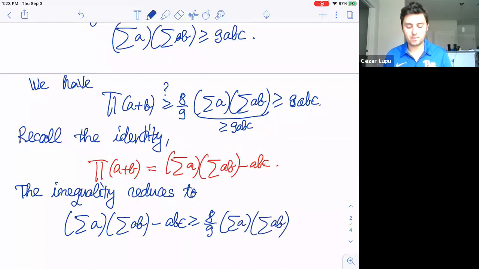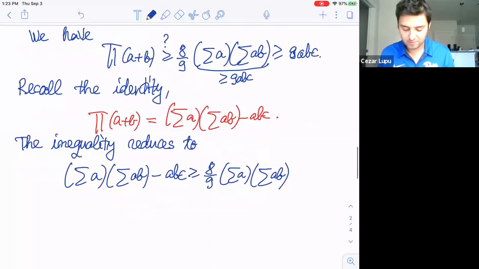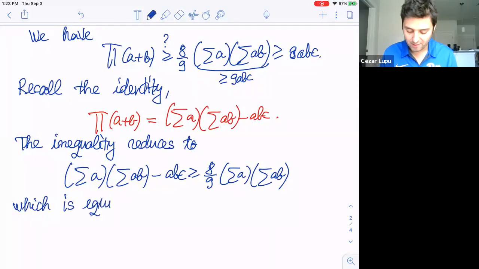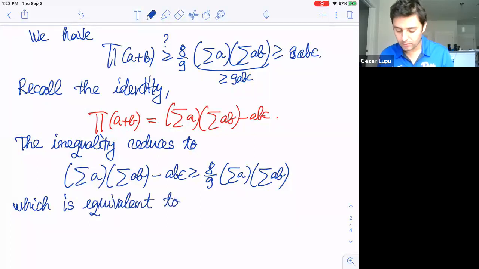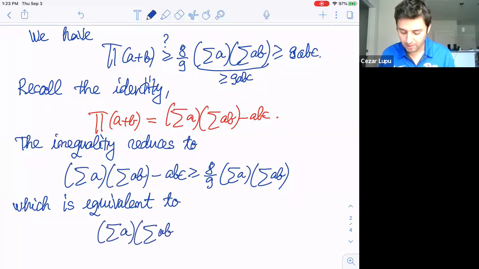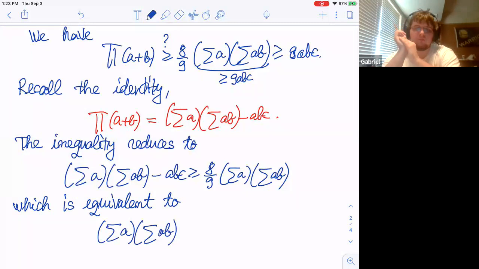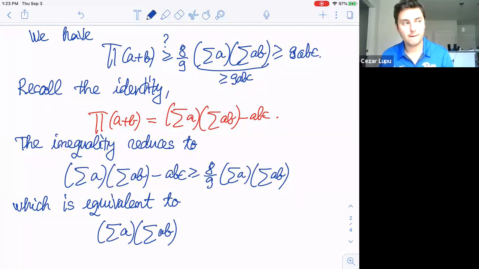Now this will be equivalent to the sum of A times the sum of AB, with 1 over 9 taken out, greater or equal than 9ABC.